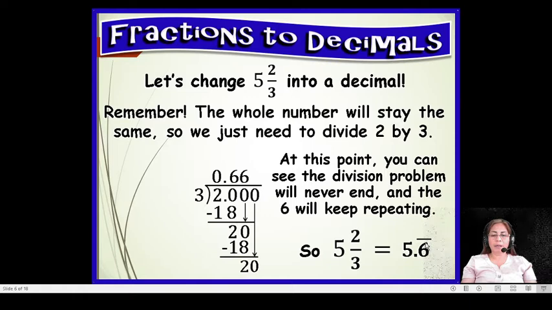On top of it, write this bar. This is a symbol that 6 will keep repeating. So instead of writing as many 6s as you wish, put only one 6, or up to the tenths place or hundredths place, then write the bar on top of it.